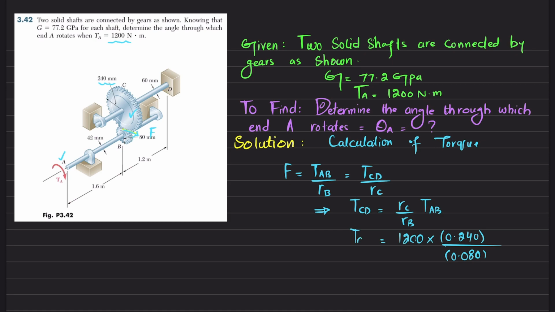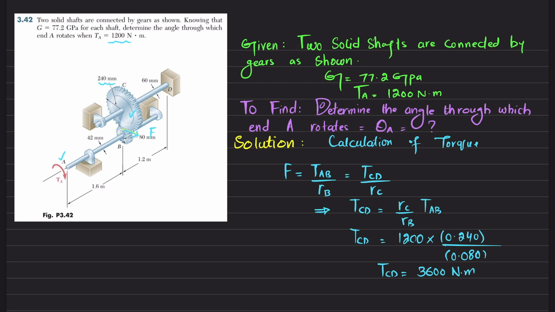When you calculate it, you will get the torque in shaft CD applied on gear C as 3600 Newton meter. This torque is applied on this gear in the opposite direction, in this direction, which will cause an angle of twist between shaft C and D.